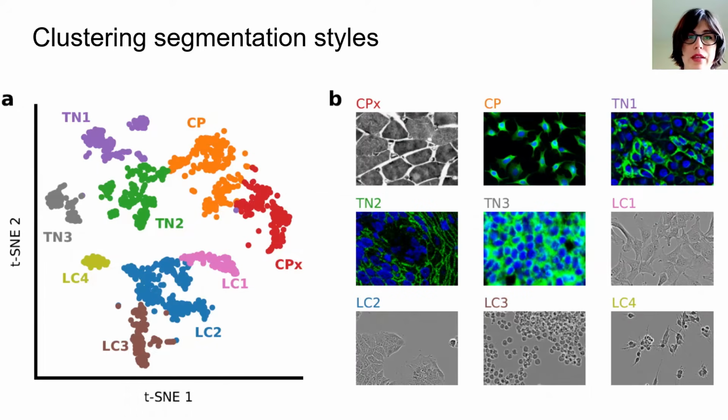And then we clustered these segmentation styles. CP stands for Cellpose dataset, TN stands for TissueNet dataset, and LC stands for live cell dataset. You can see these 9 different clusters of images that were found using the Leiden algorithm on the segmentation styles that we got out of the Cellpose network.